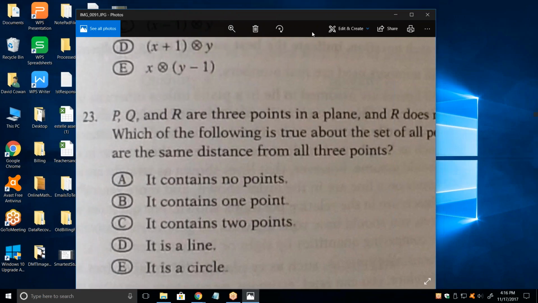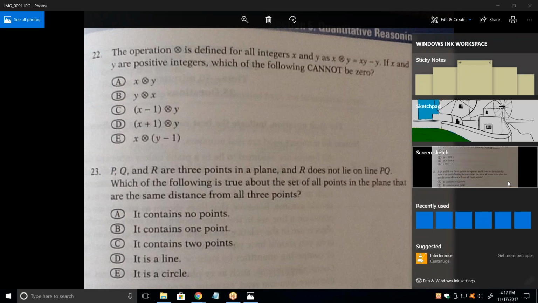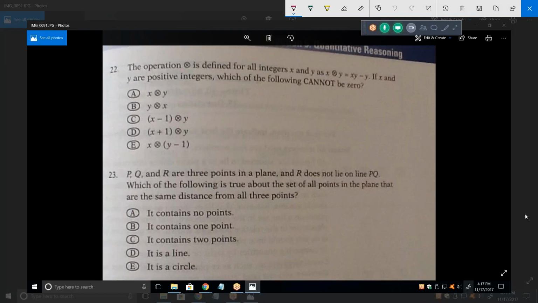Oh, I see what's going on here. Apologize, I didn't realize I was doing that. It's amazing how your brain doesn't function that well when you come out of a nap. Oh gosh. All right, we should be able to figure out 23, I hope.